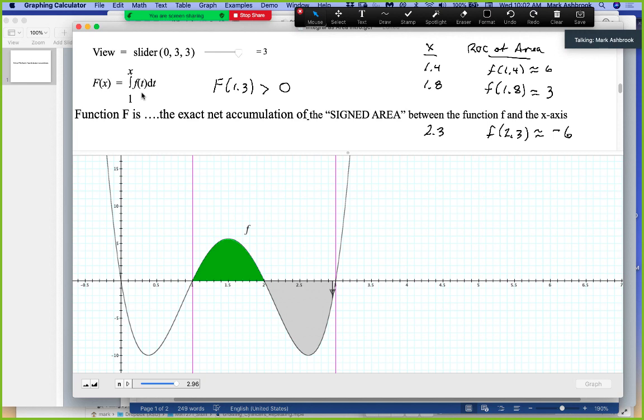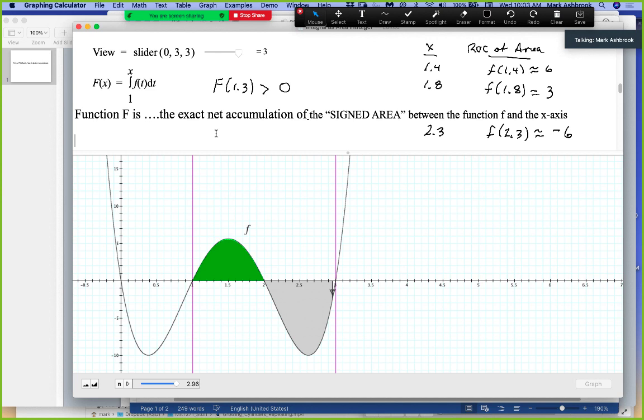Well, that's not true about area. Area would always go up, as we accumulate area, it would keep getting greater and greater positive. So to accommodate for this, we're going to call this function not area, but signed area. So signed area can be positive, it can be 0, it can be negative, depending on the combination of regions that we have above and below the x-axis.